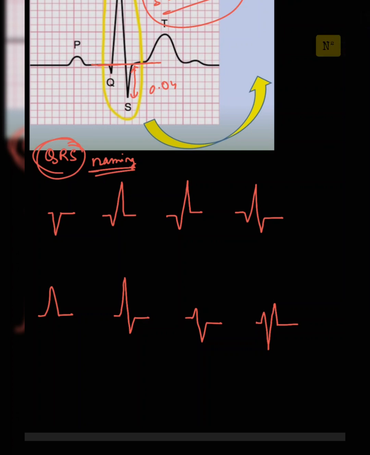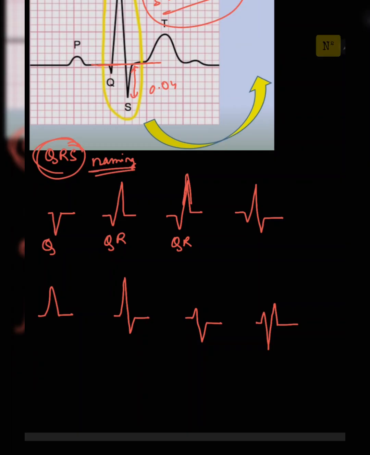Supposedly, whatever curve you are getting which is a negative curve, the first curve in the QRS complex, if you are getting a negative wave, that has to always be the Q wave. And if you are getting a negative wave along with a positive wave, then you name the complex QR. Even if this curve has a very big R wave, you are still going to name it QR.